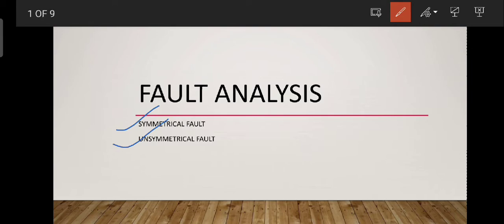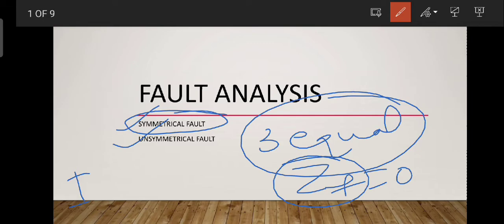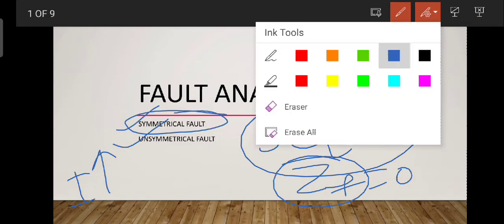So in a three phase system, a symmetrical fault occurs when three equal faults occur with equal fault impedance. When the fault impedance ZF is equal to 0, that means the current in the three phases will be very high. This fault is called a solid or bolted fault.